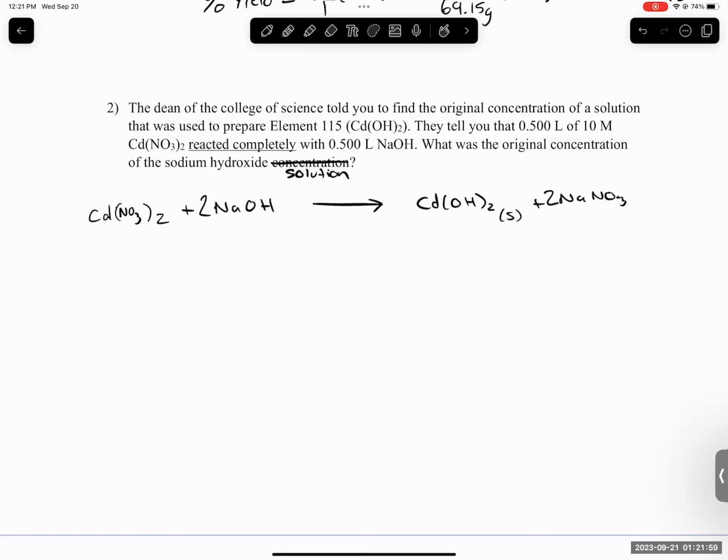Shouldn't there be a 2 after the sodium nitrate? No, it's a 1-to-1. Sodium has a +1 charge and nitrate has a -1 charge. They cancel out.